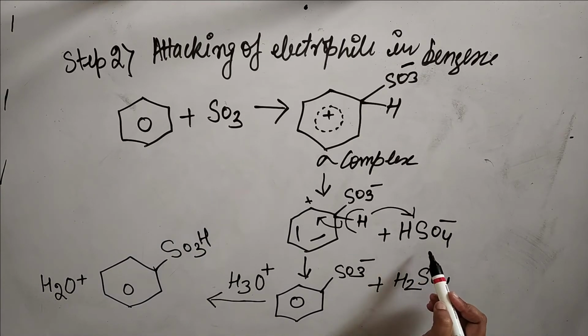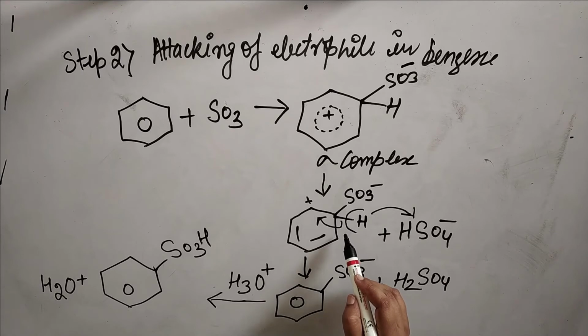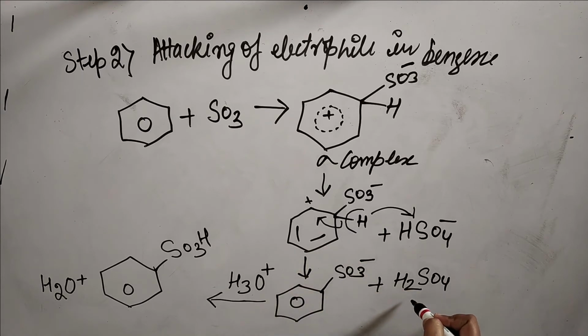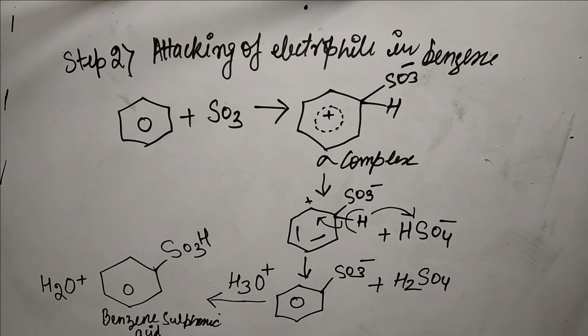The second HSO4 minus helps in the elimination of proton and the regeneration of sulfuric acid takes place, and the H3O plus hydronium ion at the end gives one of its protons to SO3. So the formation of water molecule and benzene sulfonic acid takes place. This is the electrophilic substitution product in the case of sulfonation. So this is benzene sulfonic acid. So this is the overall mechanism of sulfonation in benzene.